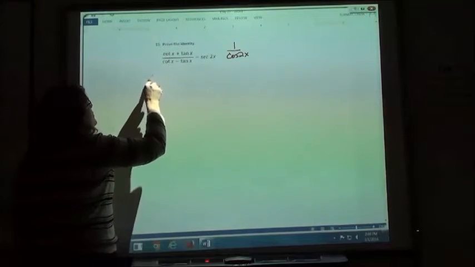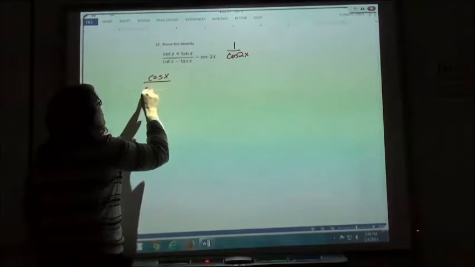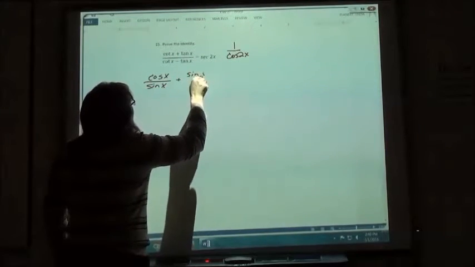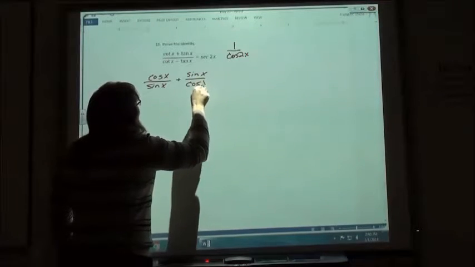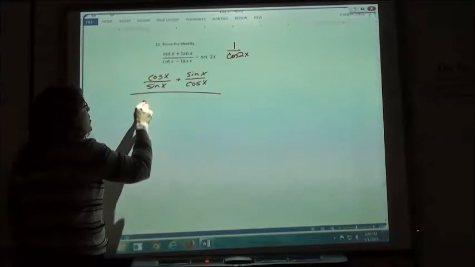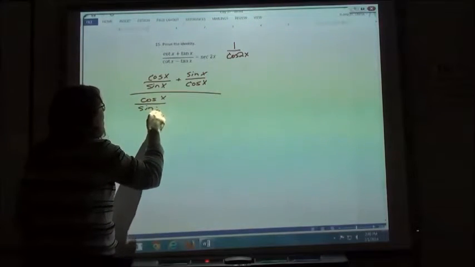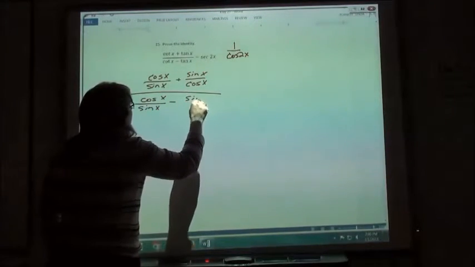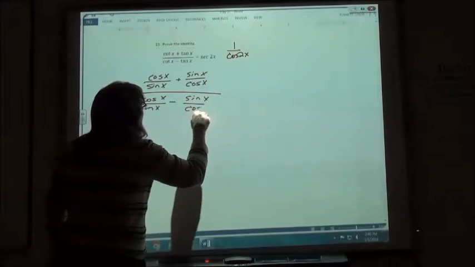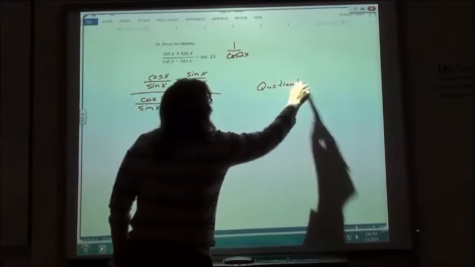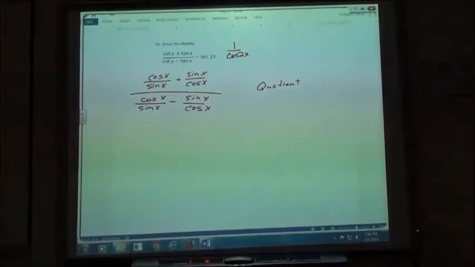So this would be cosine of x over sine of x plus sine of x over cosine of x. This would be cosine of x over sine of x minus sine of x over cosine of x, all of those using your quotient identities, filling in for tangent and cotangent.